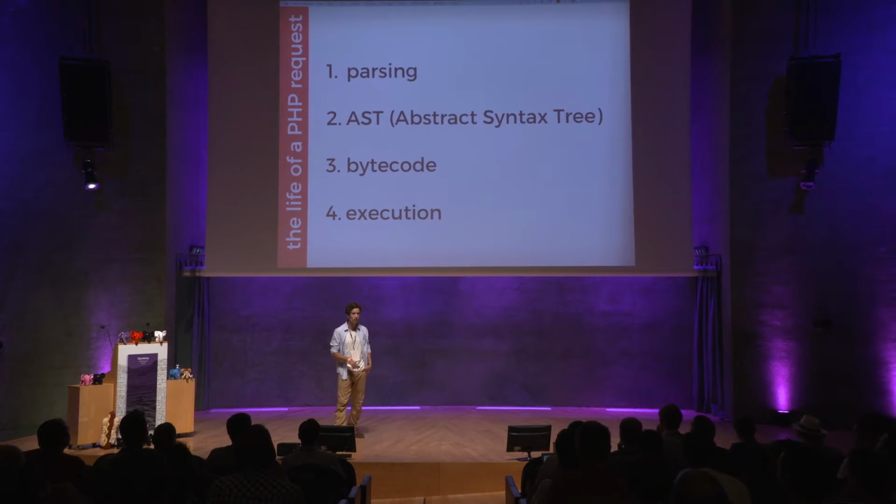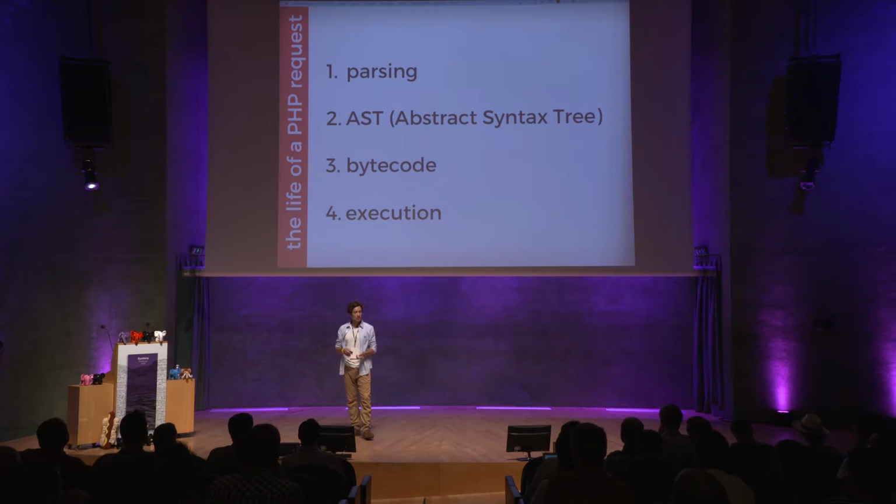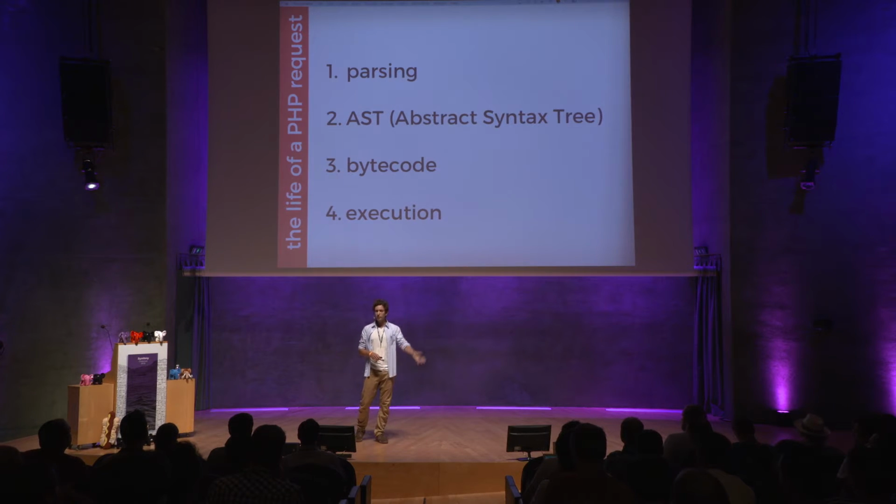After the parsing is done, and if there are no syntax errors, it will build an AST, an abstract syntax tree, which is like a tree structure of all the code in your program. And then it can start to perform some optimizations on that code. After these optimizations are done, it's compiled to kind of a bytecode. It looks like an assembler code, kind of. And then, of course, after this is done, it's time for the execution.